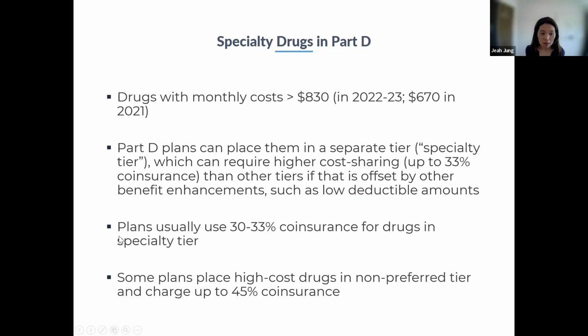So a lot of the Part D plans use 30 to 33% co-insurance for drugs in the specialty tier. Some plans didn't use a specialty tier, but I found some plans that created a non-preferred tier and charged up to 45% co-insurance. That was a little bit of an interesting case.